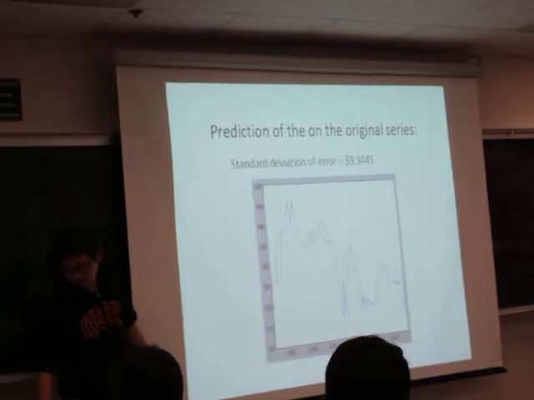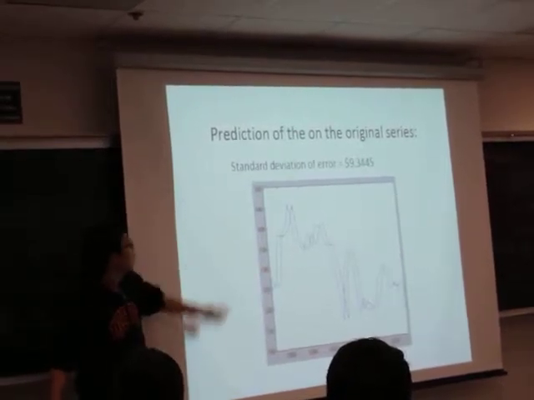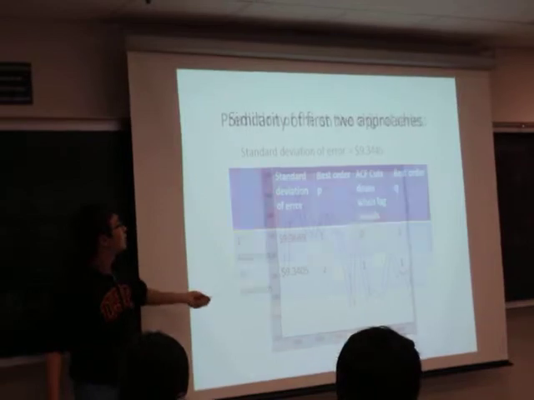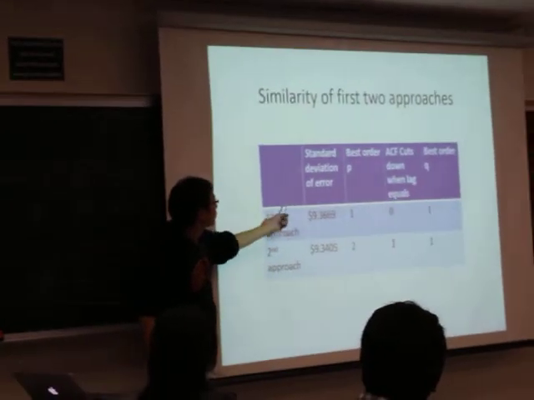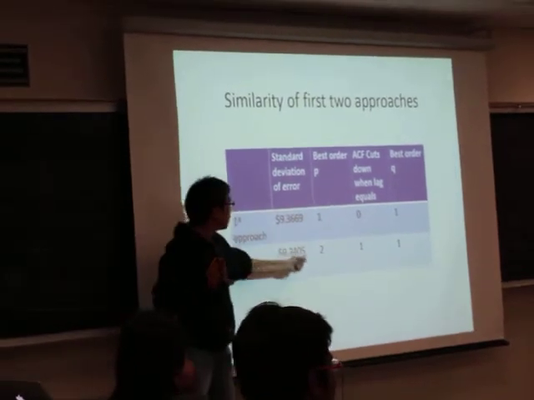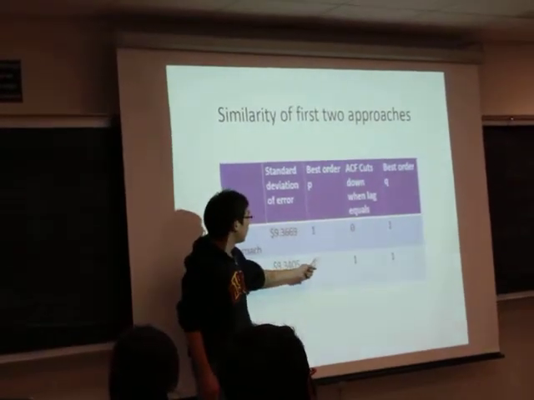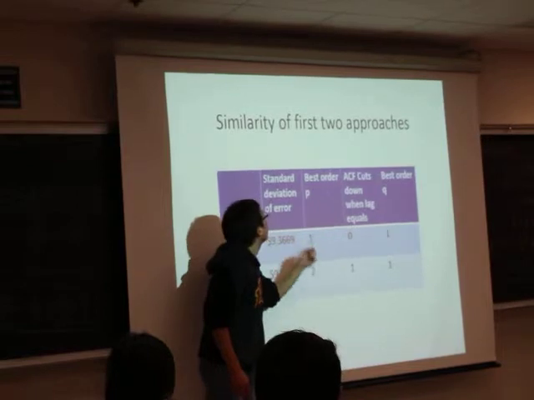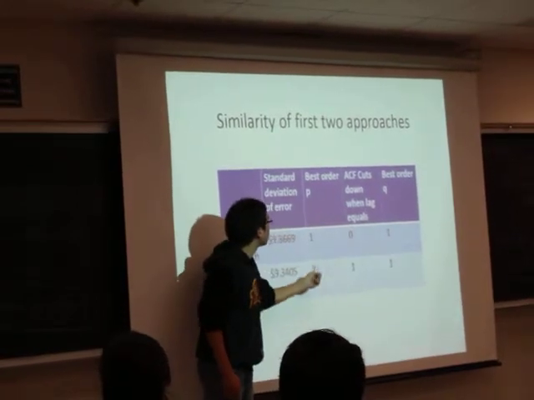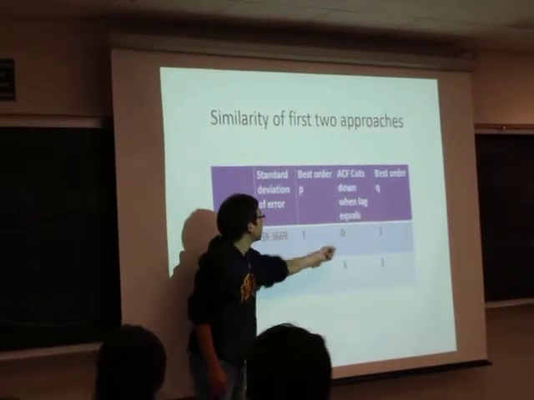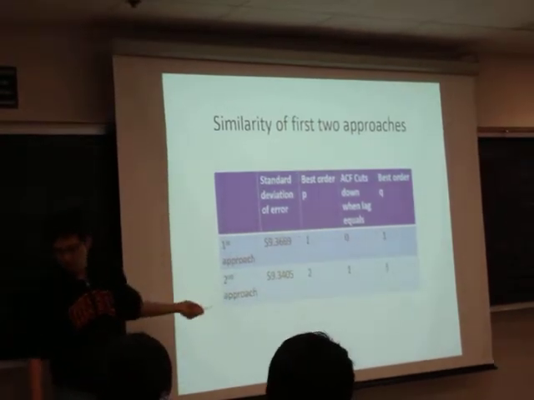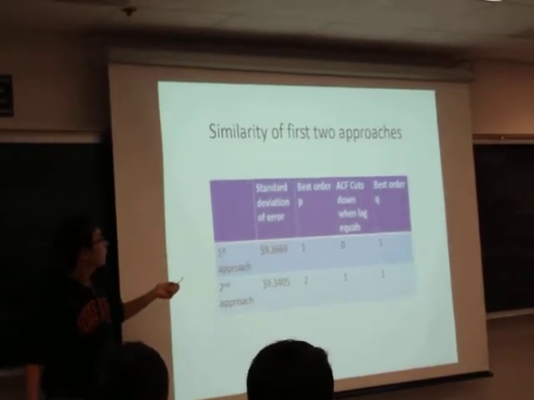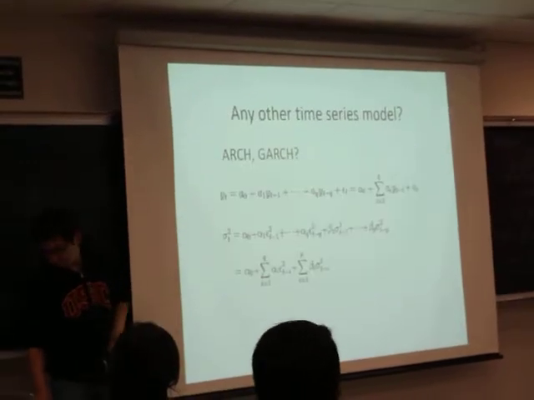Interestingly, we get a very similar result, with almost the same standard deviation. The second approach's two terms are both one unit bigger than the first approach, because the first approach used the difference time series.